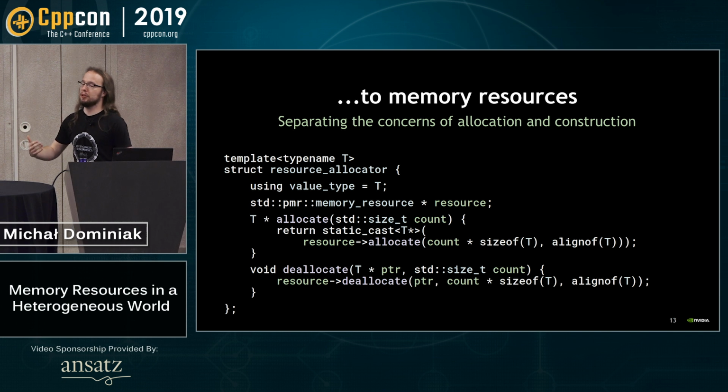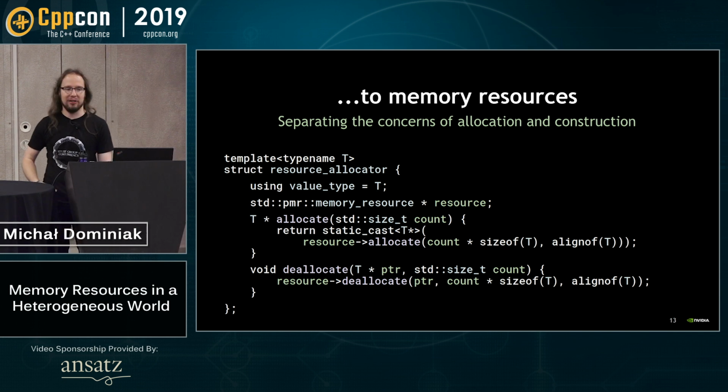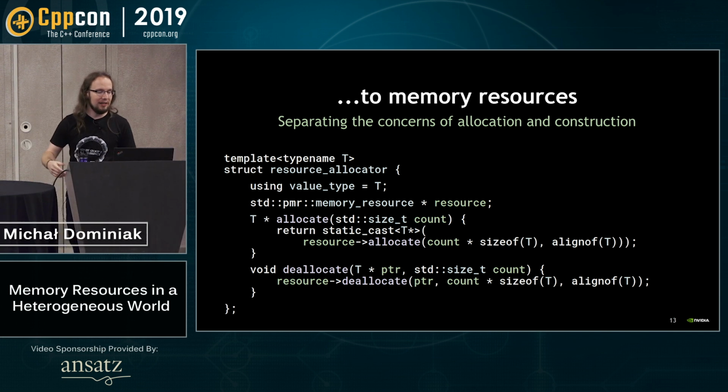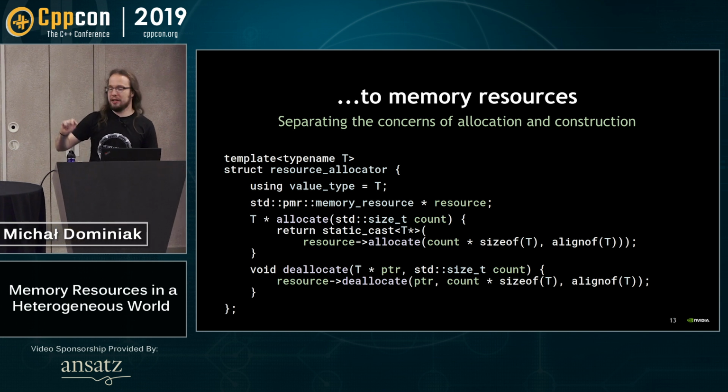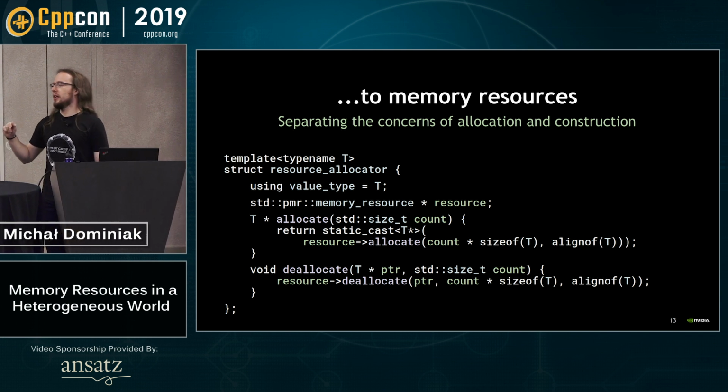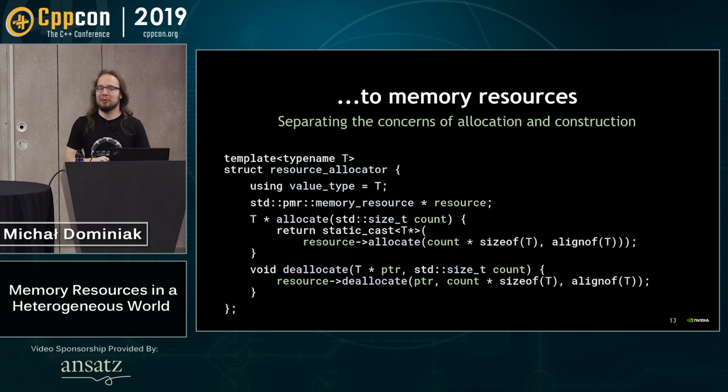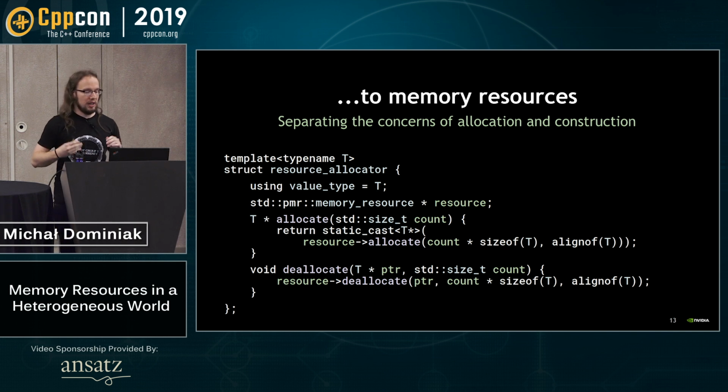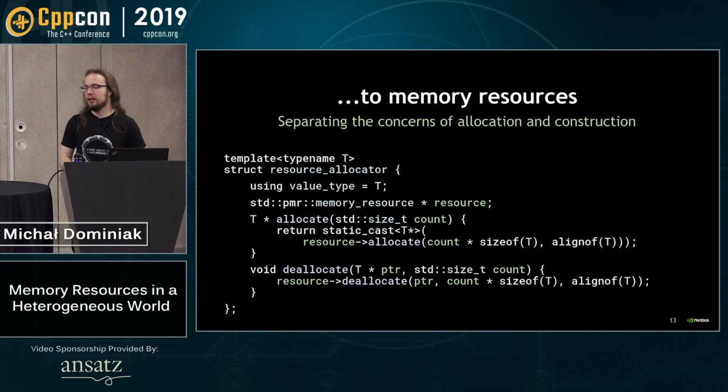It's an interface for doing exactly this, for allocating memory and deallocating memory. And we also make use of the alignment of T, because alignment is important when allocating memory. But other than that, we've arrived at the idea of std::pmr.